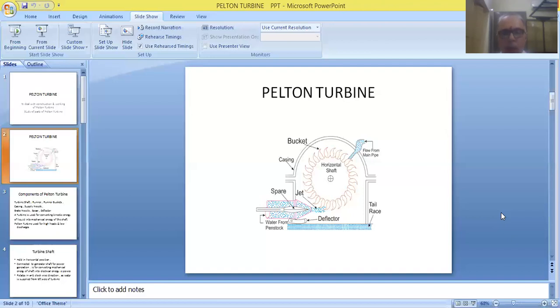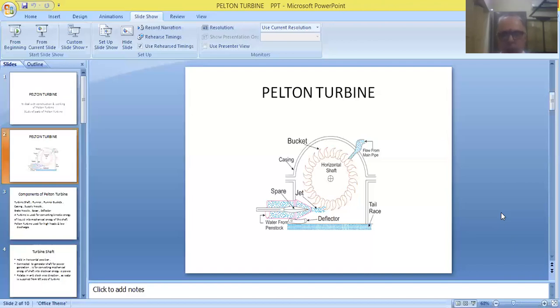And additionally, as shown in the figure, water will be striking the blades of the runner in a tangential direction. So it is also called a tangential flow turbine. And lastly, this nozzle will be converting the entire pressure energy into kinetic energy of the liquid.